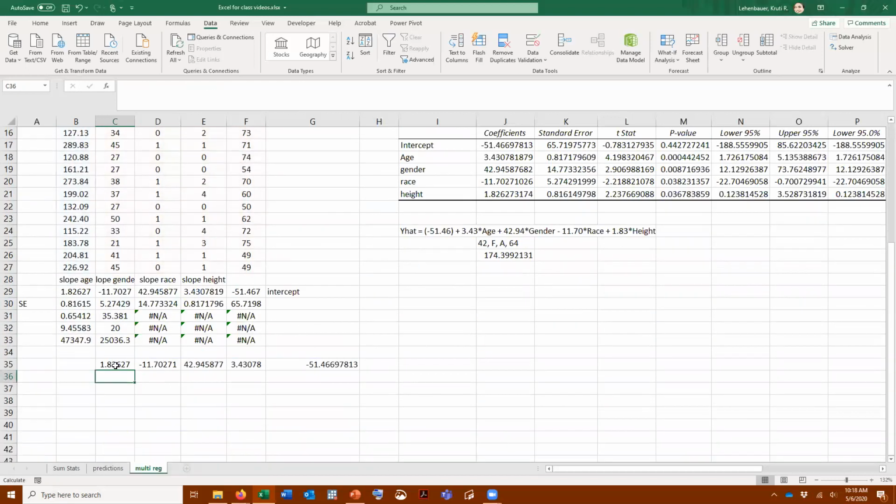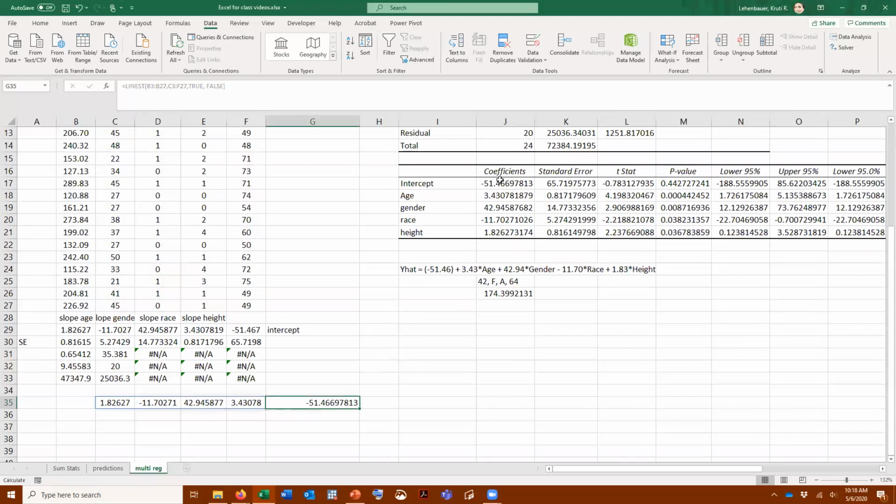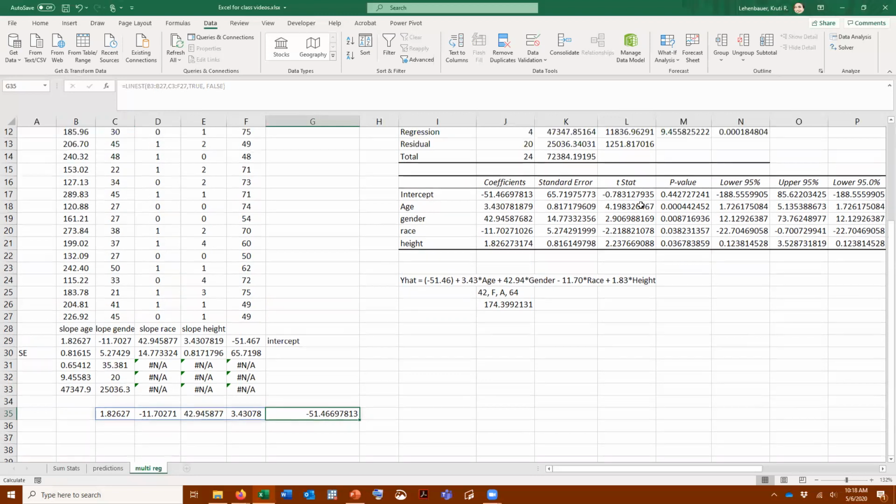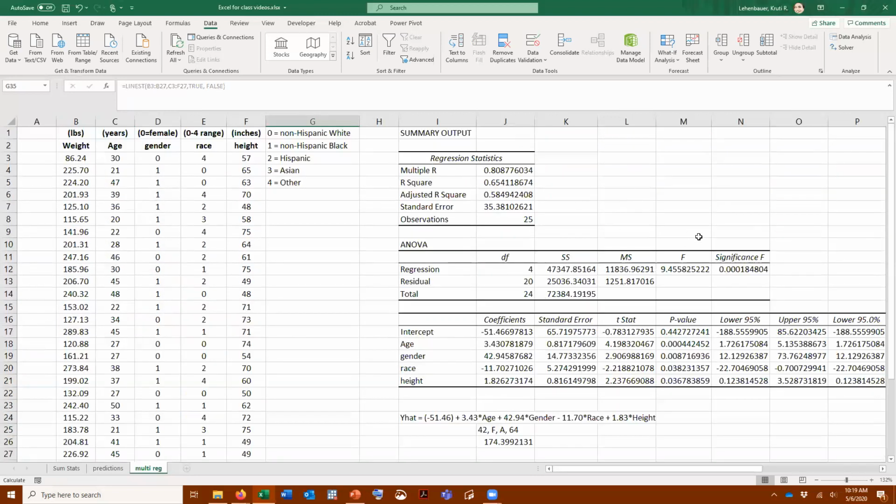It'll simply give us the corresponding slopes for each x variable and then an intercept. So keep this in mind. You can use the LINEST function if all you're looking for is the slope and intercept. But if you want to identify whether they are significant or not, it's always easier to run the regression statistics because you can see very clearly whether they're significant or not.